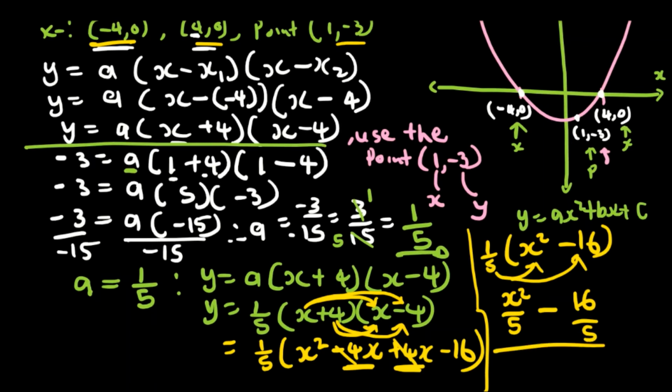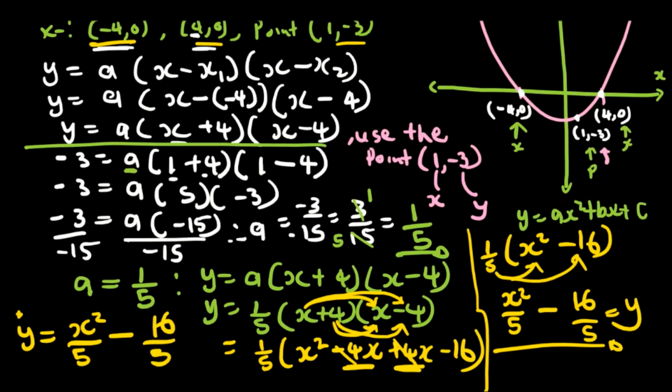So the equation of your parabola is y equals x squared over 5 minus 16 over 5.